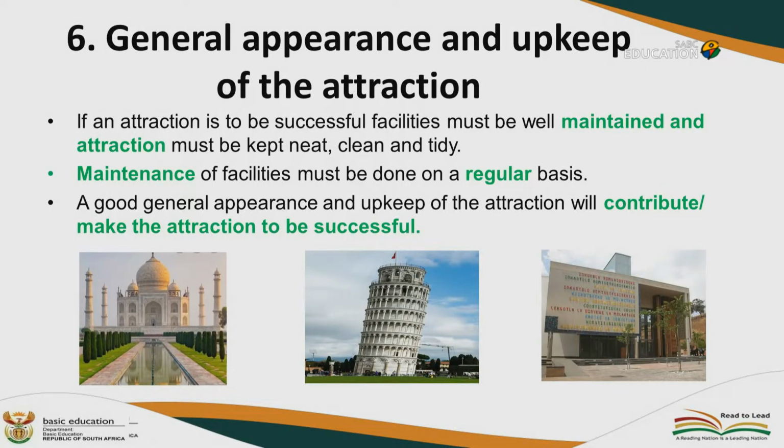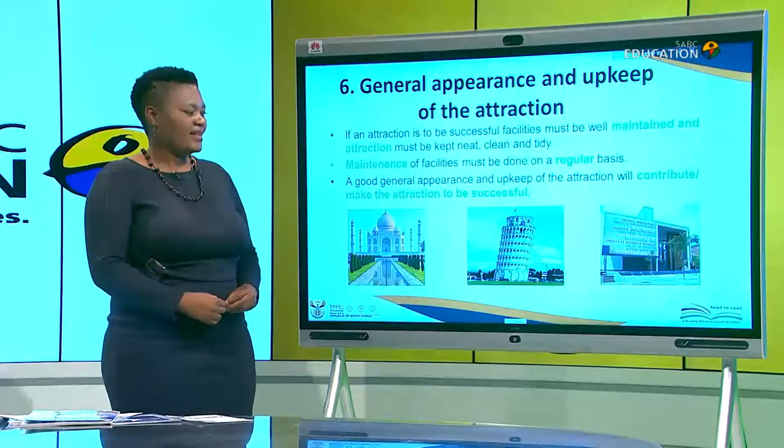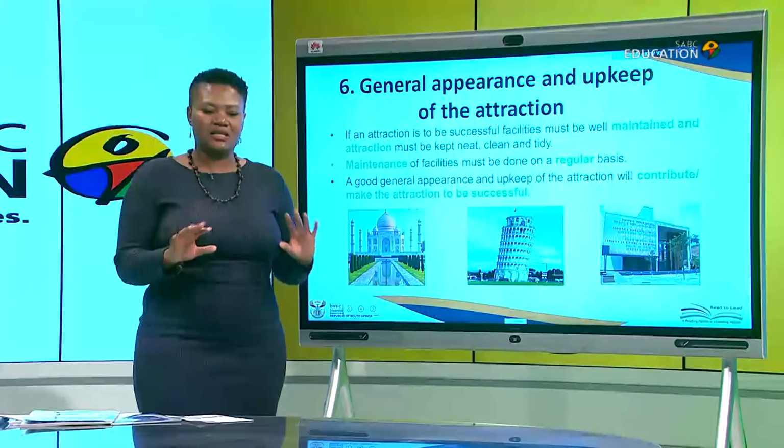And if you look here at the various icons or attractions that I have on this particular slide, you will see the Taj Mahal. Guys, just look at the garden. I know you learners at home, I know you are watching, and I know that the moment I said Taj Mahal, you paid attention because I know that the learners love the Taj Mahal. And then we've got the Leaning Tower of Pisa. We can see that it's so beautiful. There's upkeep. As tilted as it is, you can see that the garden there, the upkeep of the attraction is on point.